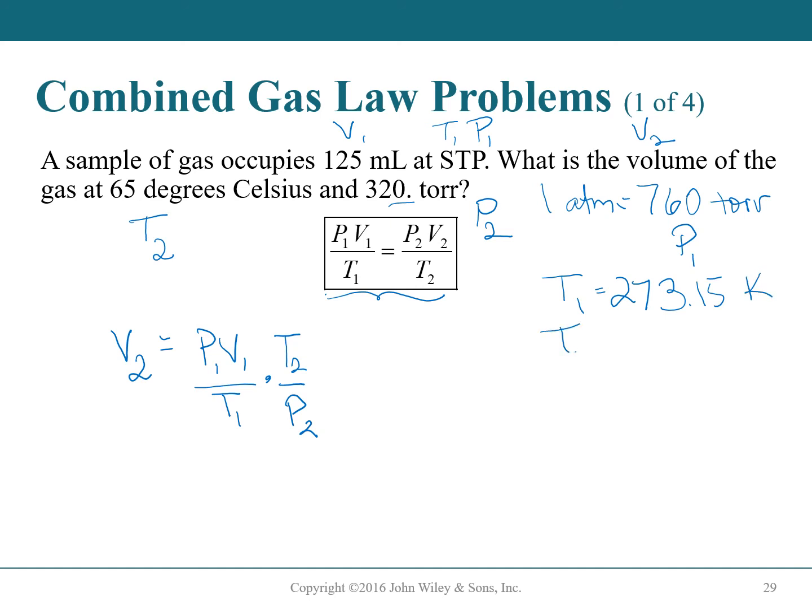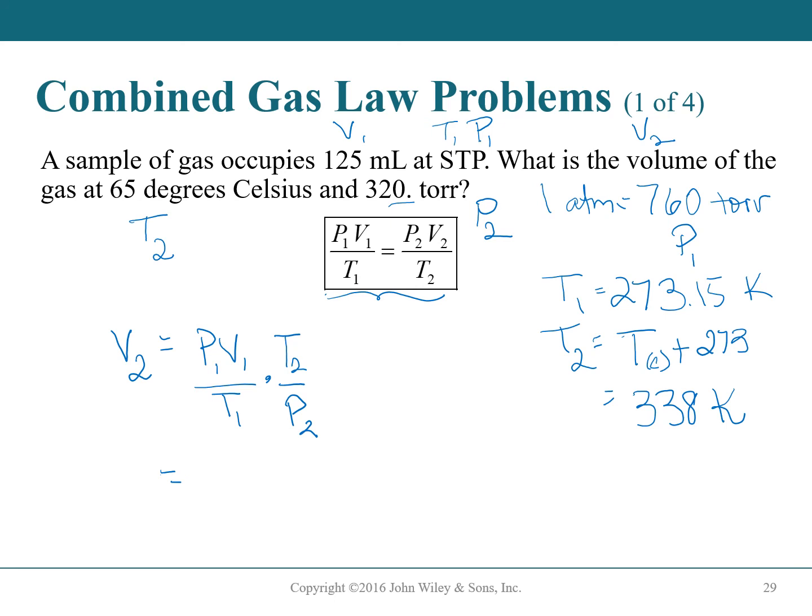For T2, remember in Kelvin, we take our degrees Celsius and add 273, so we get 338 Kelvin. So we have T1, P1, T2, P2, and V1. Now we can substitute everything in, and our volume will be in milliliters.